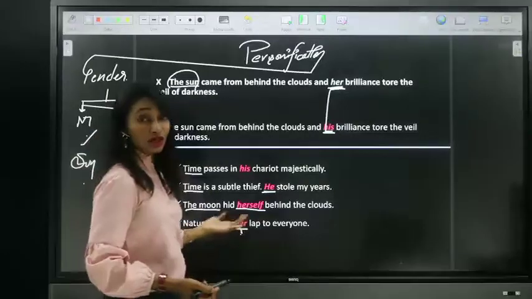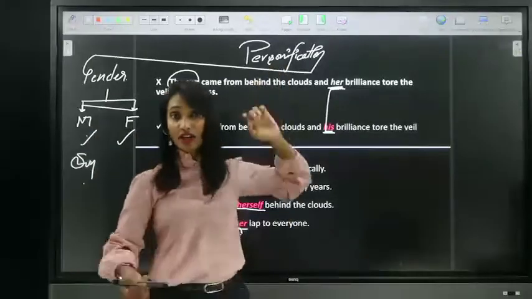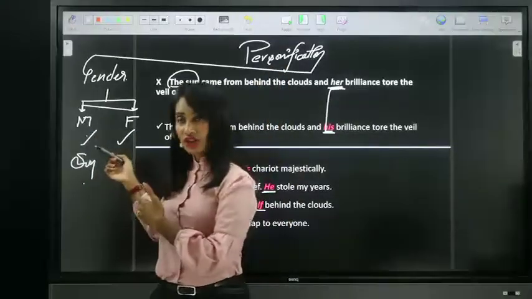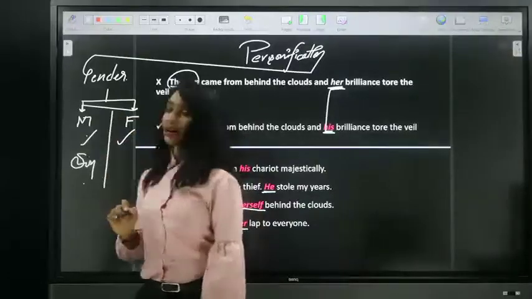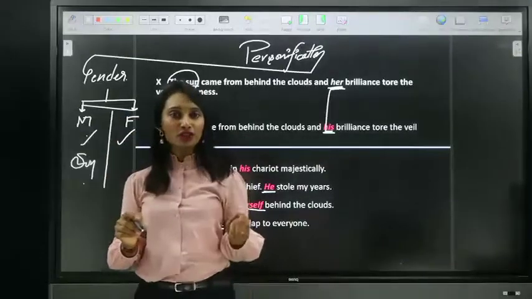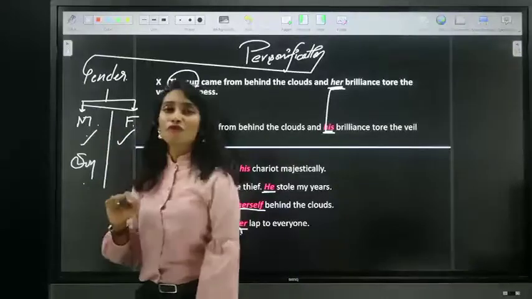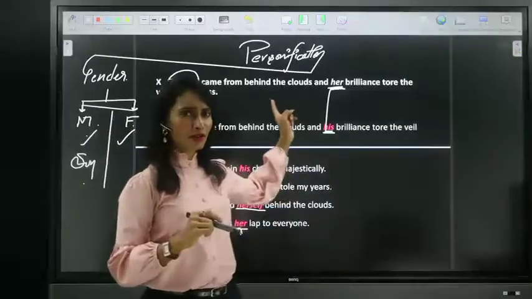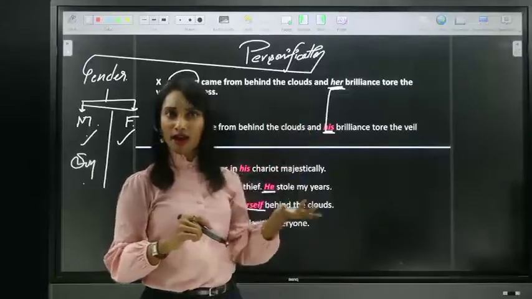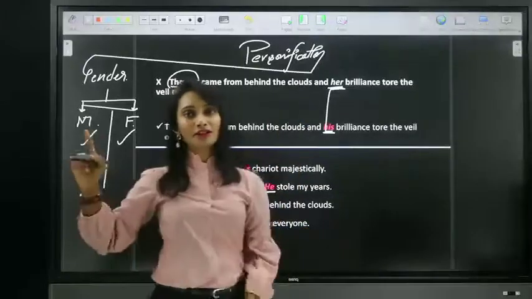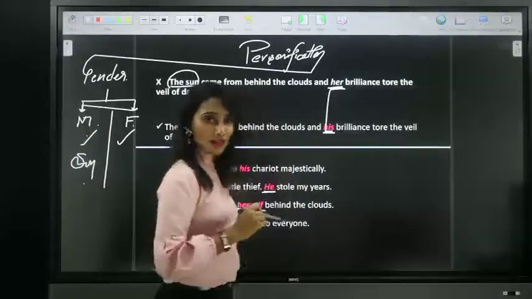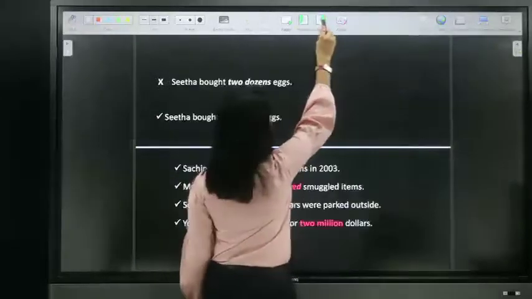Yesterday, we discussed under personification that when we give gender based on the qualifications and the rules, we can put them either under masculine or feminine. So, sun, because it is very strong and violent at times, comes under masculine gender. Now, let's move on to the next sentence.